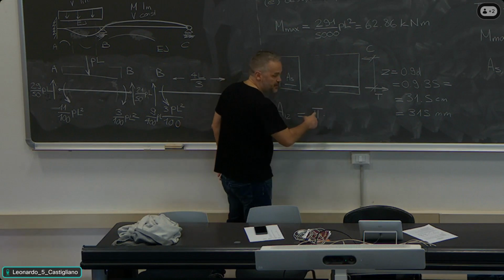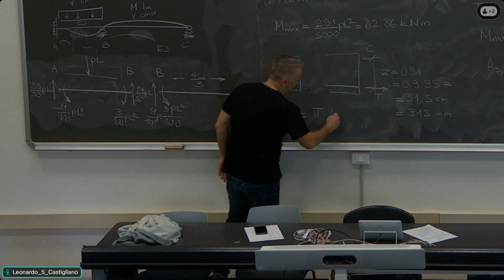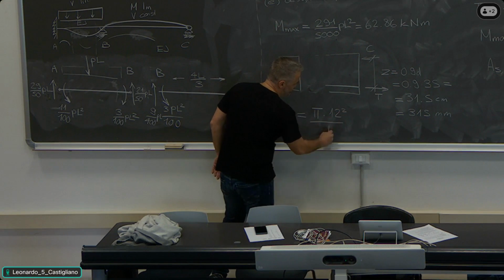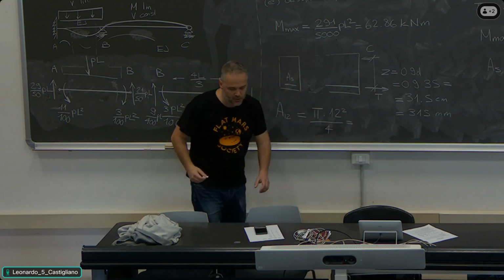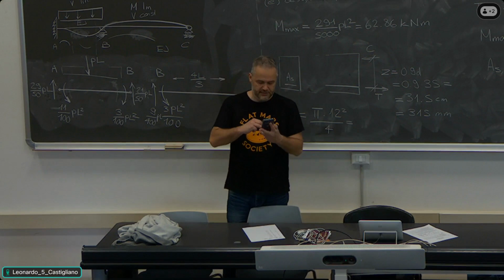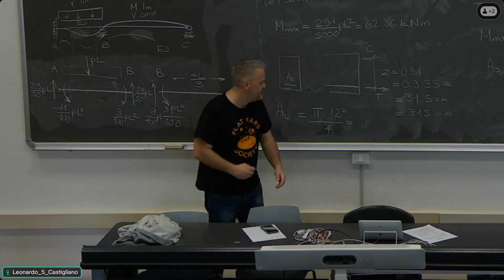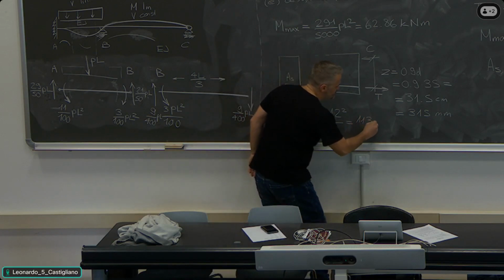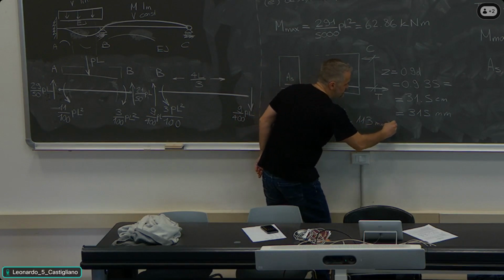What is the area of a 12 millimeter rebar? Pi times 12 to the power of 2 divided by 4 equals, I should remember it by now, I still don't remember it. 113 square millimeters.